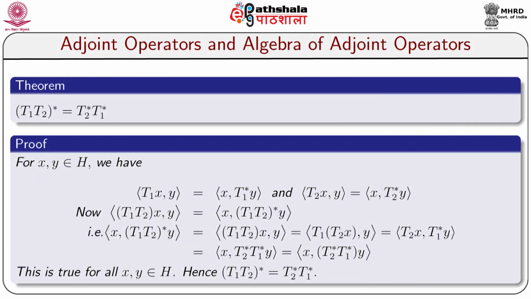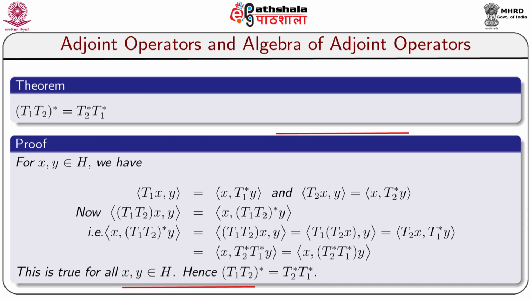Now, we shall prove the second theorem, that is, (T1 T2) star equals T2 star T1 star. The proof looks like this. For all x, y belonging to H, we have inner product (T1 x, y) equals (x, T1 star y), and inner product (T2 x, y) equals (x, T2 star y).